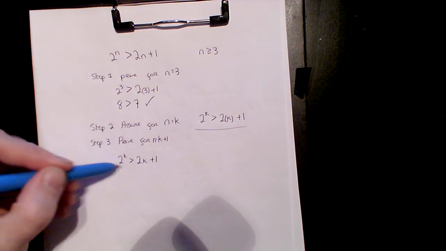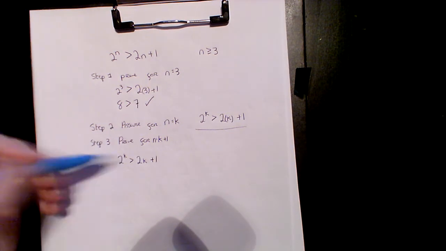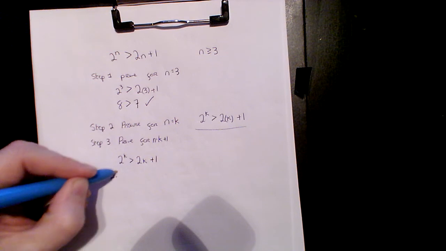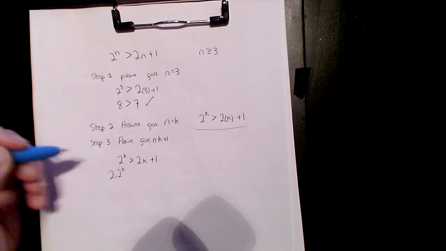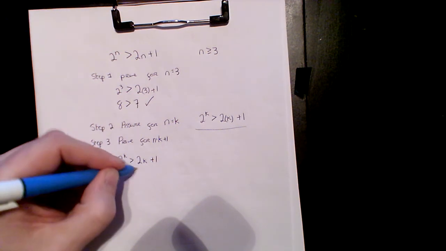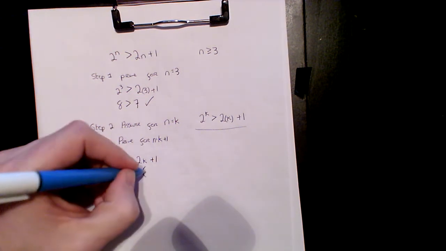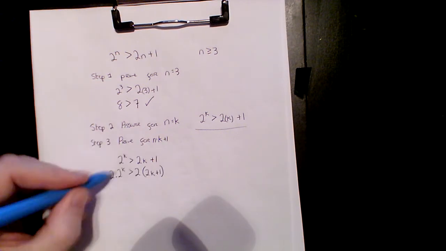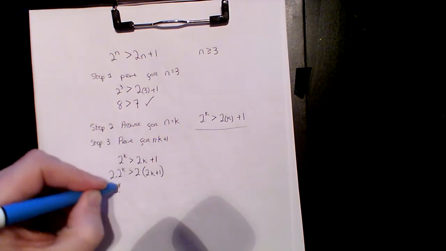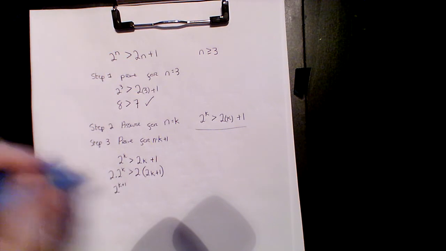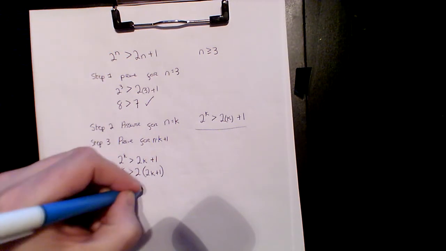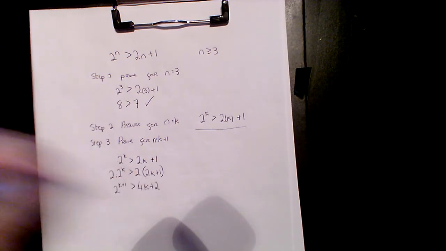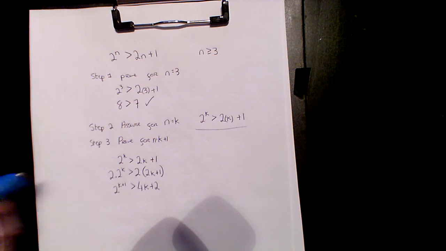Right, and now I want to turn this into a 2^(k+1). And how do I do that? Well, I multiply it by another 2. But if I do that, I'm going to have to multiply all this by 2 as well. So now I can change this to 2^(k+1), and this will be 4k plus 2.